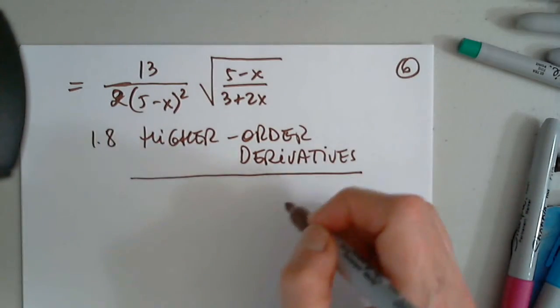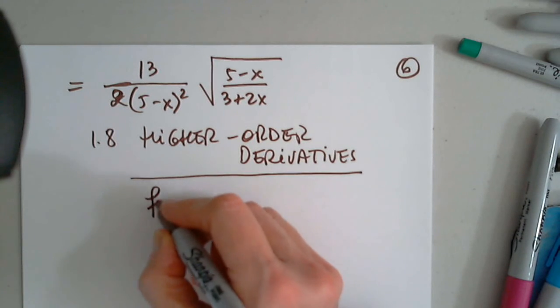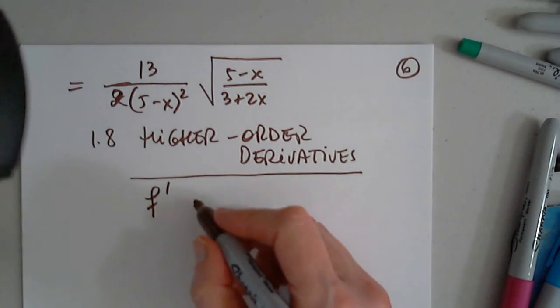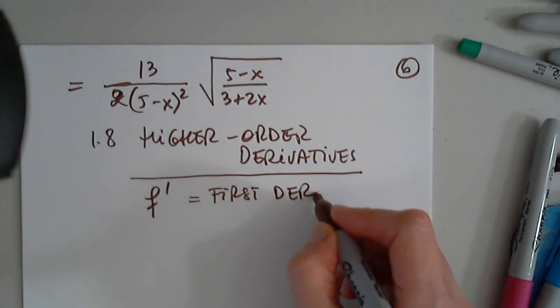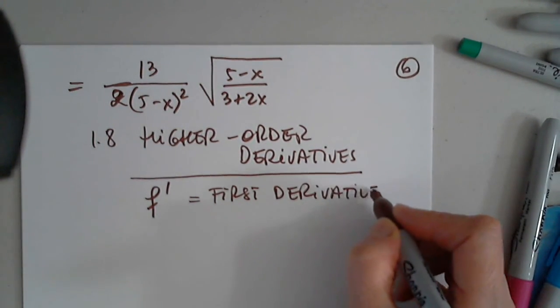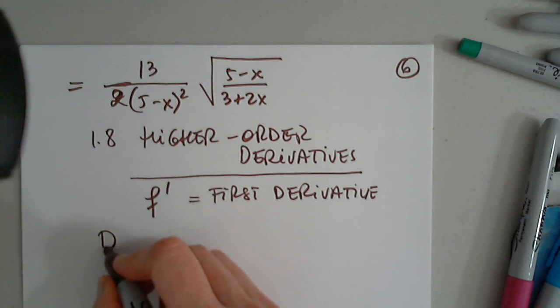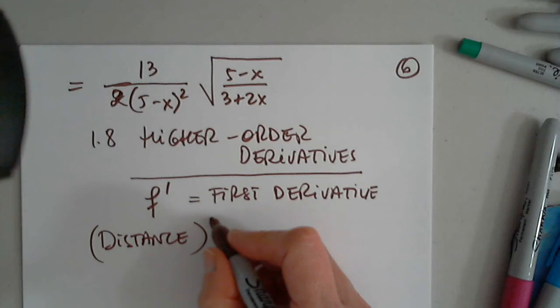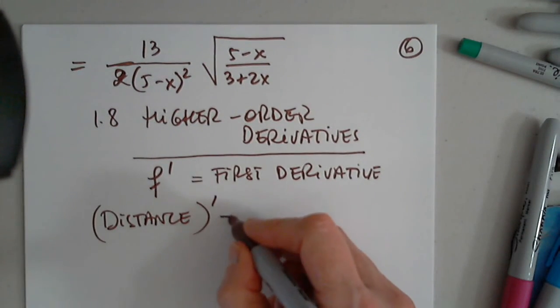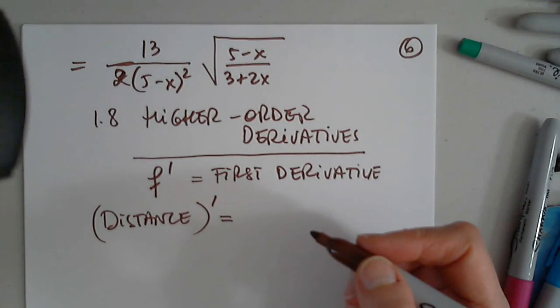So what does this all mean? Well, when we talked about this, we really meant the first derivative. For example, if I have a distance formula or function, and if I differentiate the distance, I get what? Anyone?